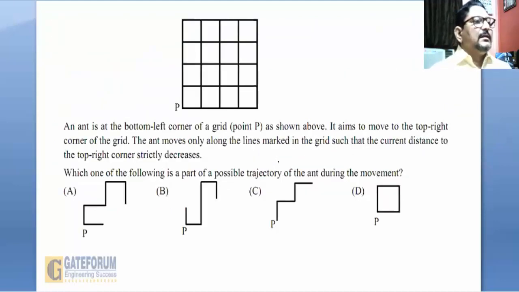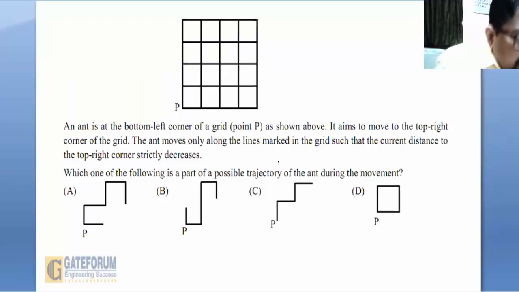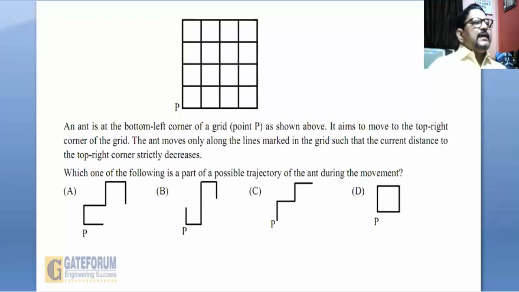Next. An ant is at the bottom left corner of a grid at point P. So the ant is here, as shown above. This is a 4x4 grid, as you can see. It aims to move to the top right corner of the grid.